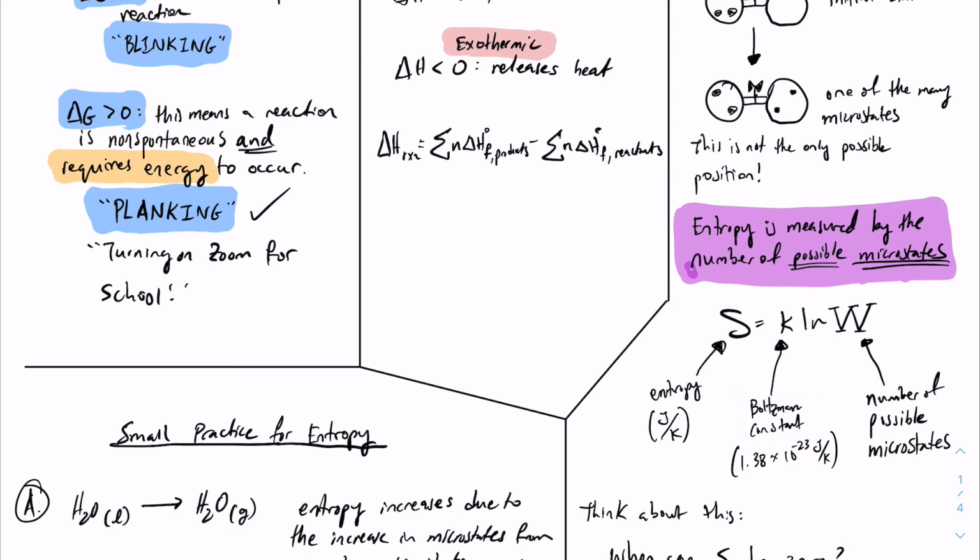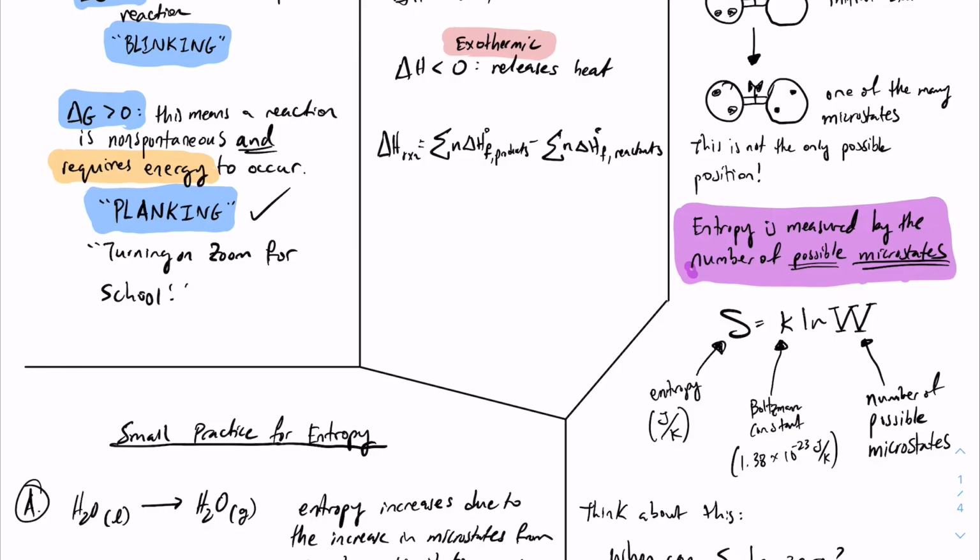Boltzmann's constant is 1.38 times 10 to the negative 23 joules per Kelvin. For a given system, omega can be an absurdly high number, so this times 10 to the negative 23 really comes into play and makes sure that entropy is a reasonable number.